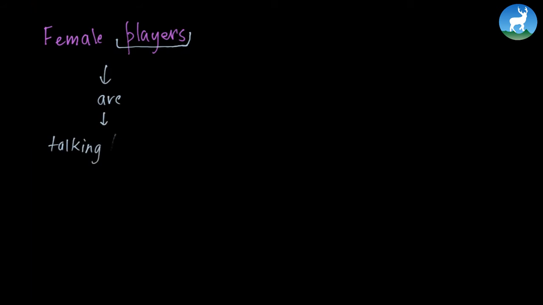Again, we see female players. Here, whether it's male or female, we exclude that. We just see if this word is singular or plural. And here, players means more than one player, which is the plural form. Hence, we use are. Female players are talking to their coach.